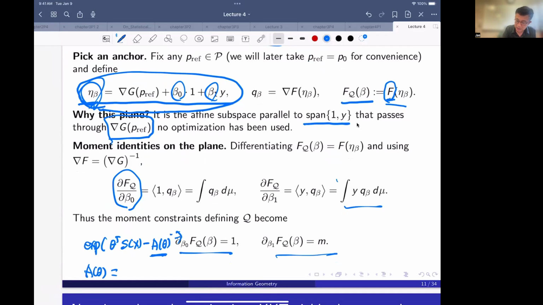I think, because for G, when G(p) is p log p, right? And then what is F for this one? What is F? Exponential function, right?